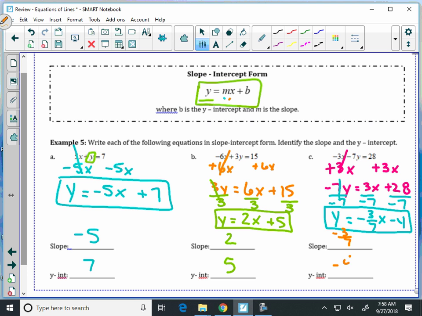Negative 4. Questions over that? Important thing for what we're doing tomorrow, solving for y.